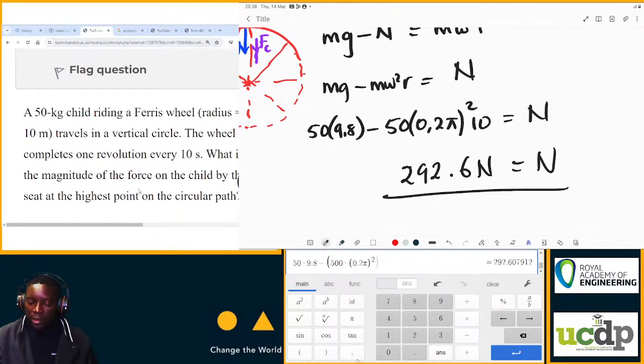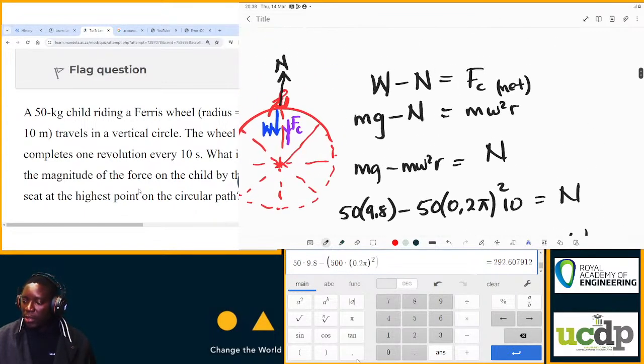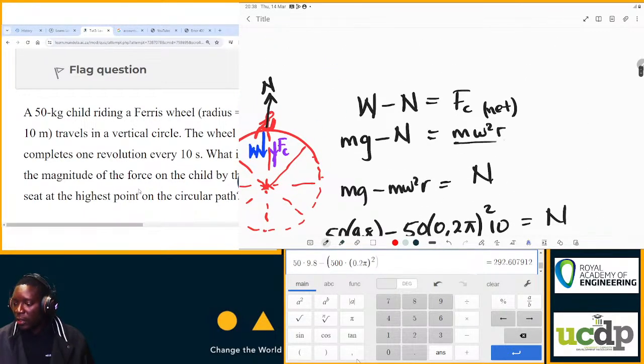What is important to note, I'll re-emphasize this, is the fact that the centripetal force is a net force.